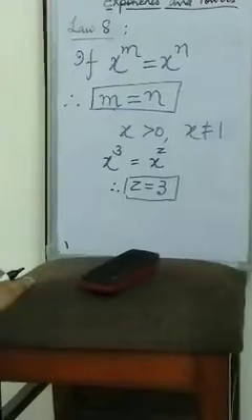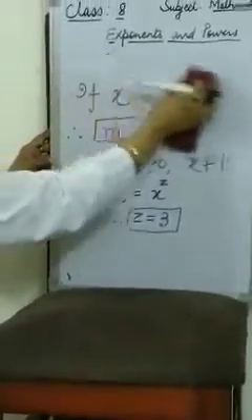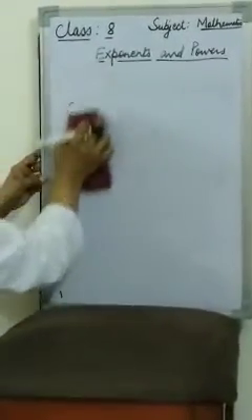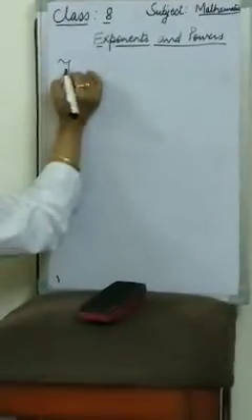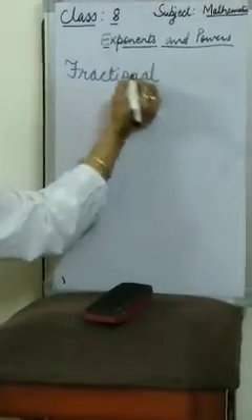Then we come to a very important thing, that is fractional indices. Children often get confused with these when they are writing in the exponent form.